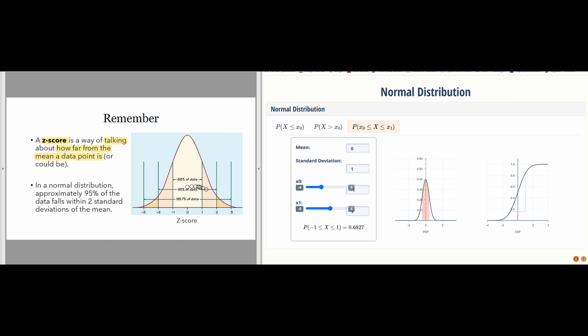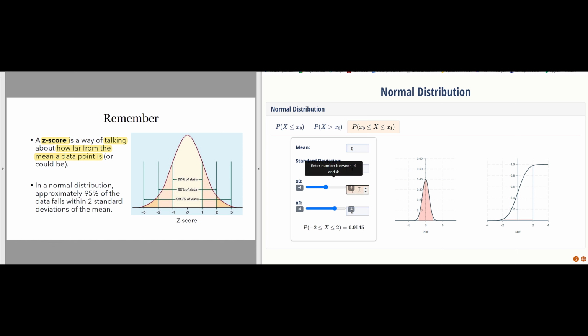And then for 95% of the data, plus or minus 2 standard deviations is approximate. So if I want to go out plus or minus 2 standard deviations, notice that that's actually 95.45.